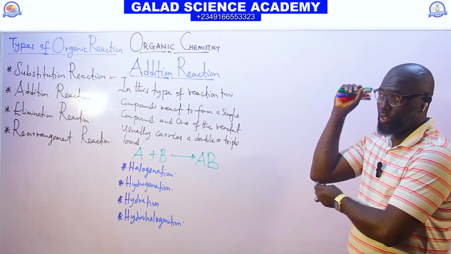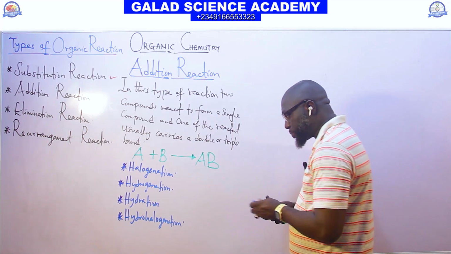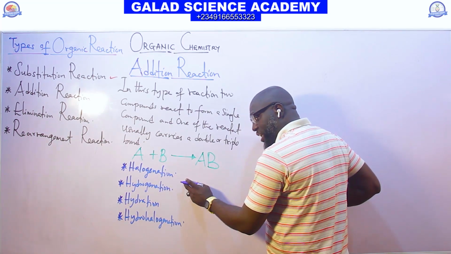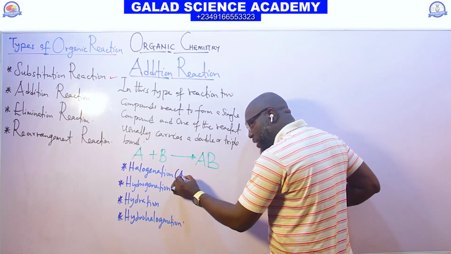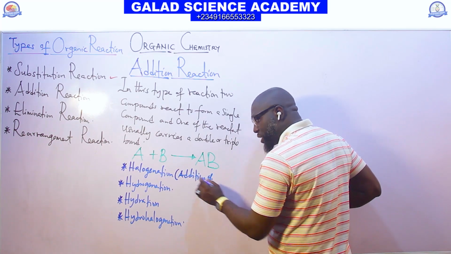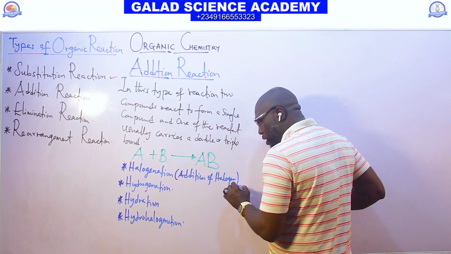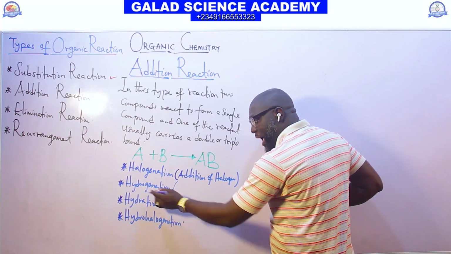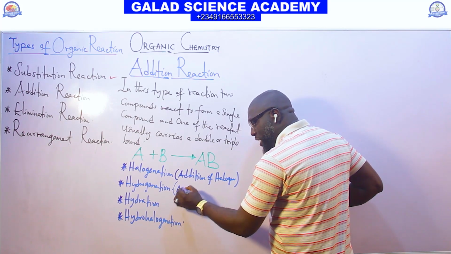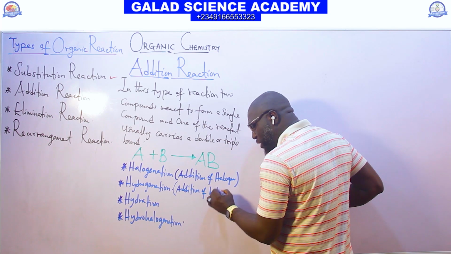Let me just treat these words. If we are saying halogenation reaction, I've said it before. This one simply means addition of halogen. If you say hydrogenation reaction, it simply means addition of hydrogen.